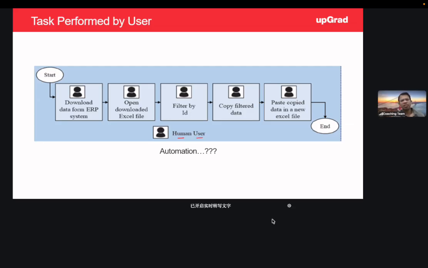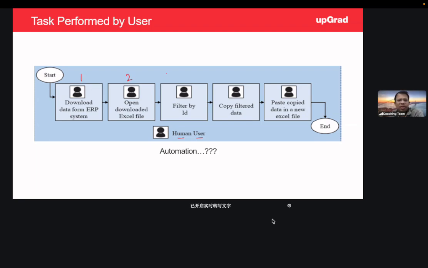Now, do you think this can be automated? If yes, at what levels, at what different boxes do you think automation is suitable? I'm using the word suitable. Okay, this is task number 1, right?